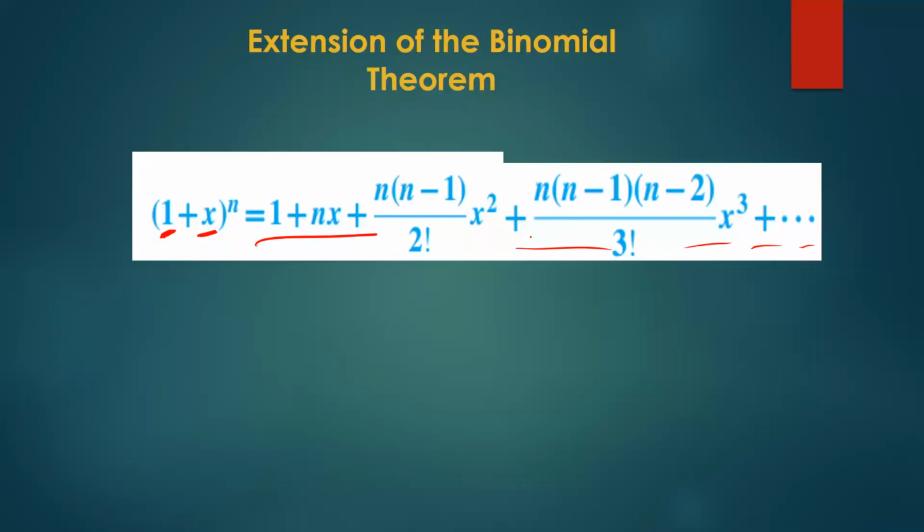Yeah, so the other thing that you have to understand is the validity of this expansion. So how do you know what values of X should be valid for this expansion? You take whatever you have as the function of X there, and then you say the absolute value of X is less than 1.